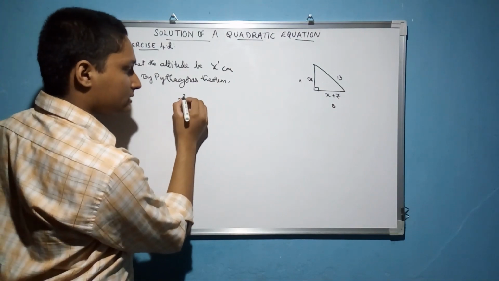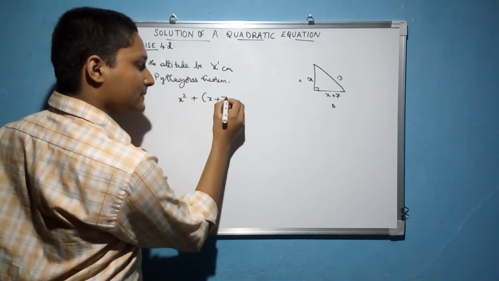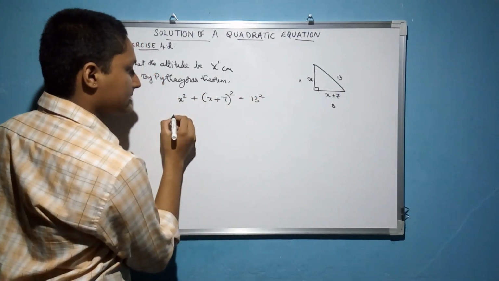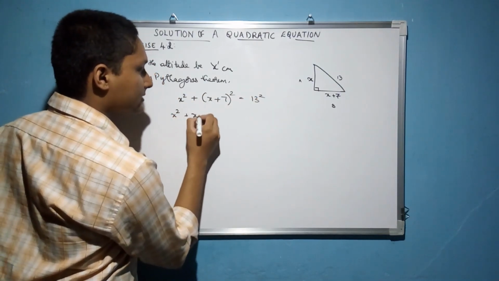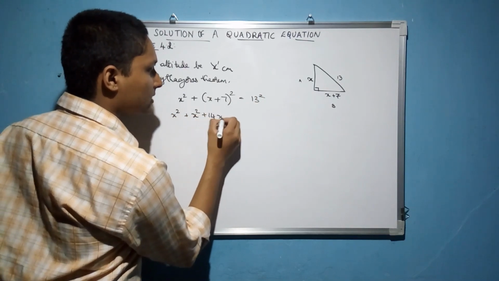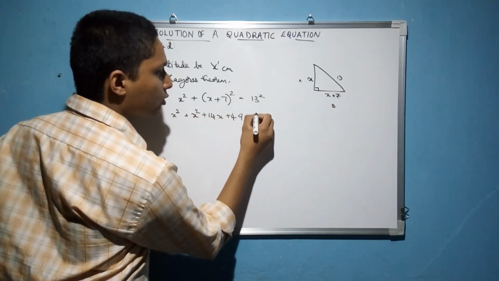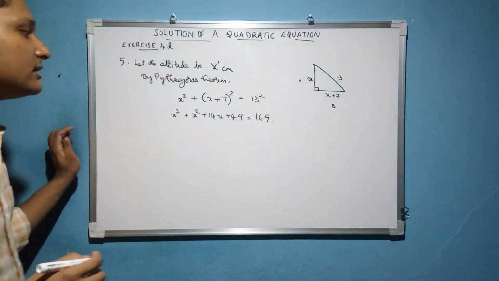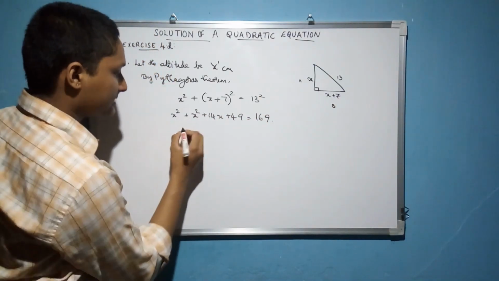So it comes to be x square plus x plus 7 whole square is equal to 13 square. I'll expand this. You'll get x square plus 14x plus 49 is equal to 169. Now we are going to add all these things.